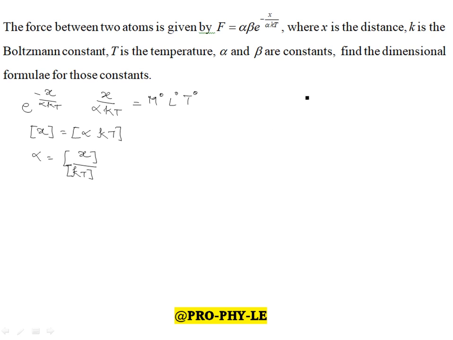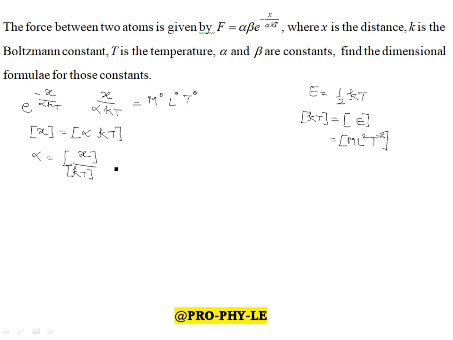So from the equipartition theorem, the energy in each degree of freedom for any gas molecule is half kT. So kT will have the same dimensions as that of energy. What are the dimensions of energy? That will be M L square T power of minus 2.